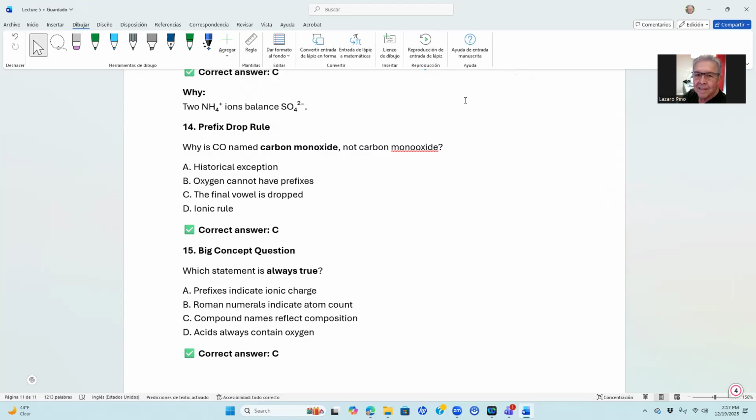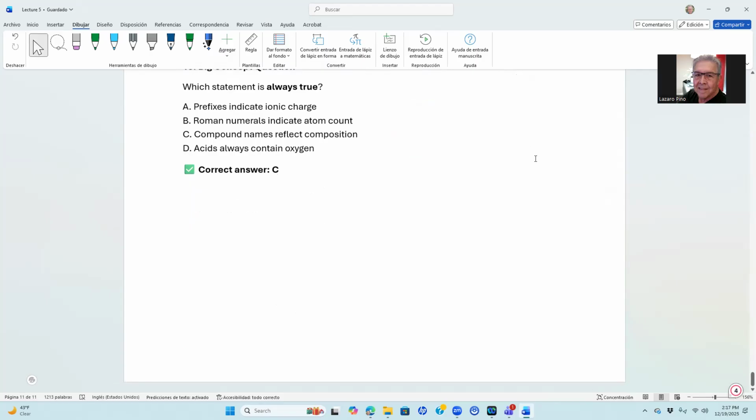Type 1, only one oxidation number. Type 2, more than one. And we also studied the covalent compounds that are made of two non-metals. In this case, we have to use prefixes to indicate the number of atoms of each element.